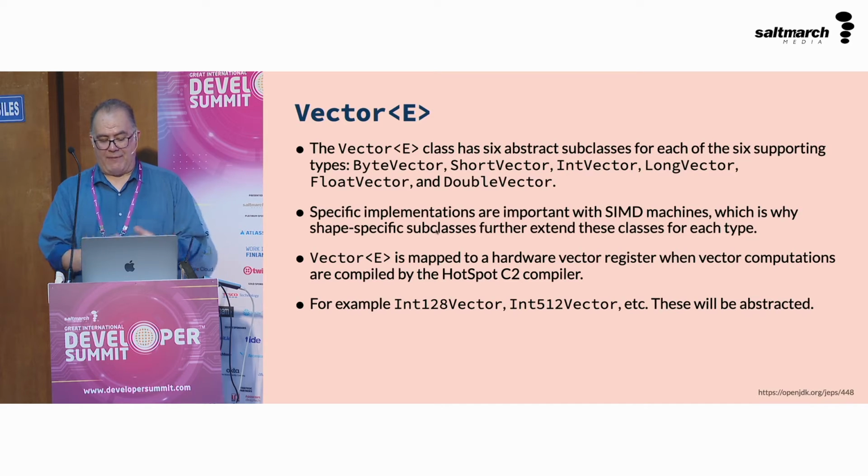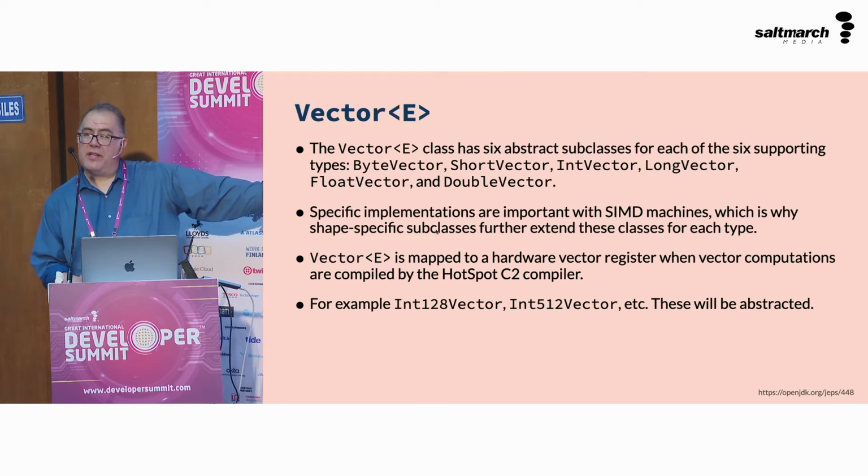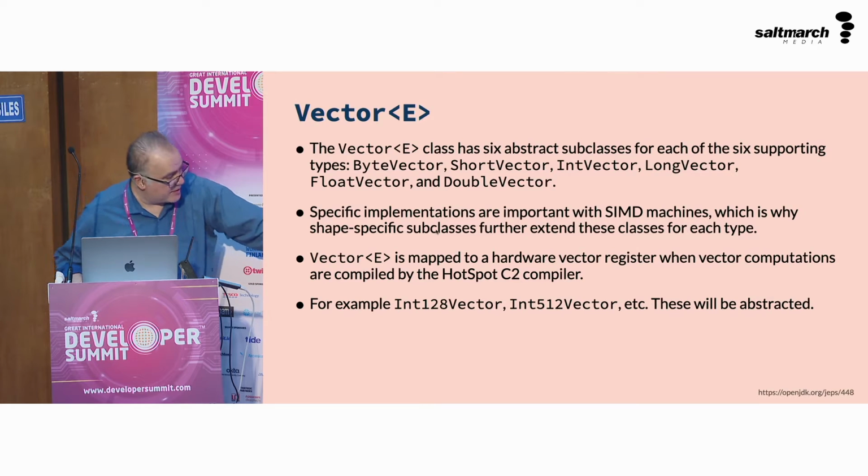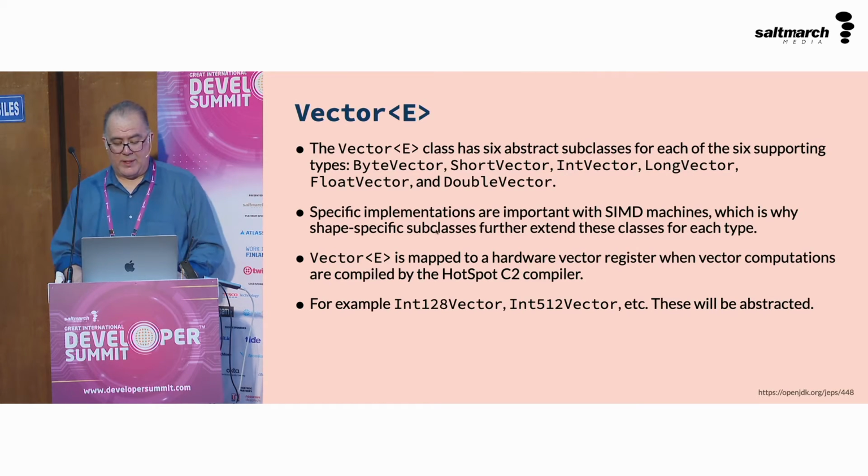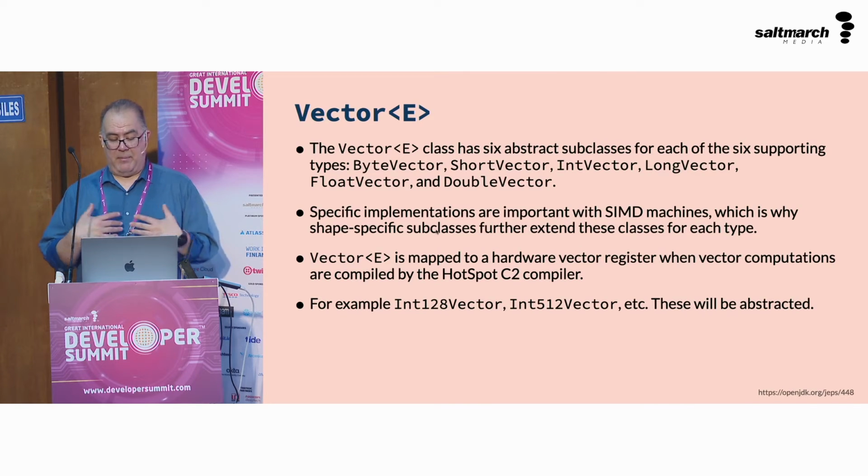And therefore that Vector E is going to be mapped to a vector register to do these computations. And you'll have flavors for these. When I run the debugger on this, you'll get to see this because it will say, hey, I'm using an int 128 or I'm using an int 512 vector, okay? But all this is abstracted away.